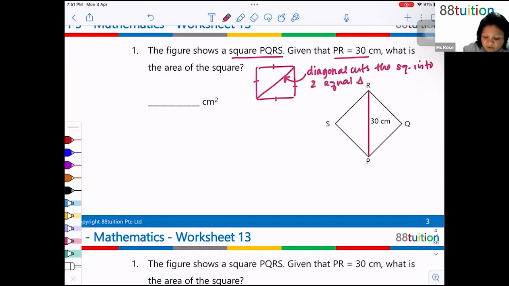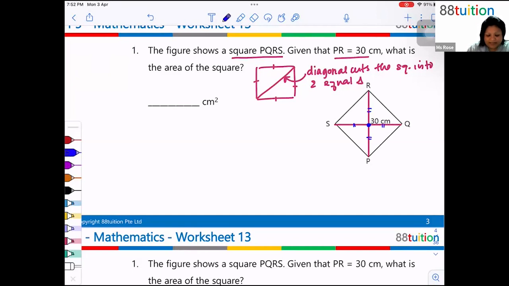So if I were to draw another diagonal, what do you think is the length of that diagonal? The length of the diagonal will also be how much? Very good, Evan. Because it cuts at this point here, so all these are equal.